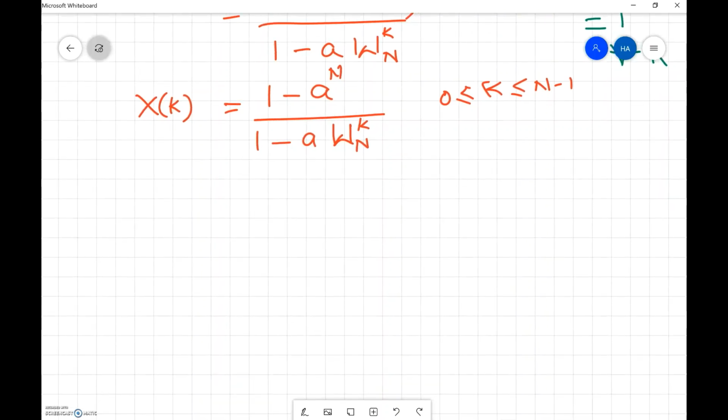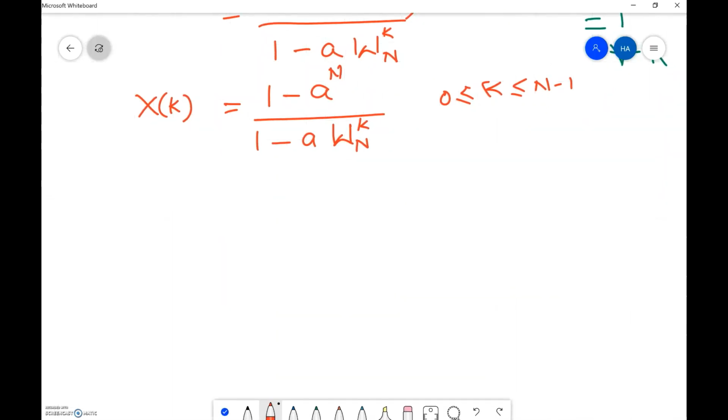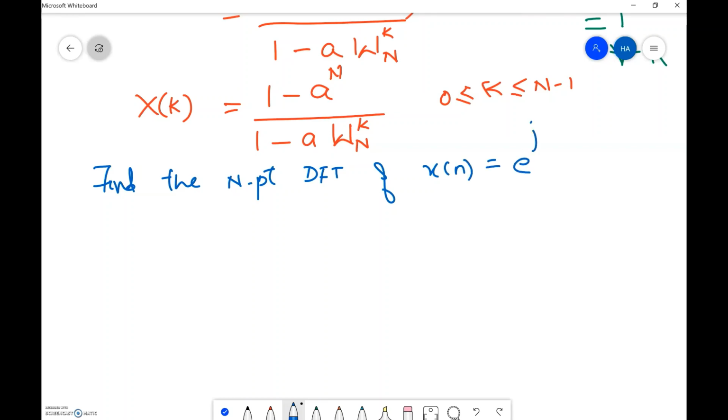The next problem: find the N-point DFT of the sequence x of n equals e to the power j omega m n, n in the range 0 to N minus 1.